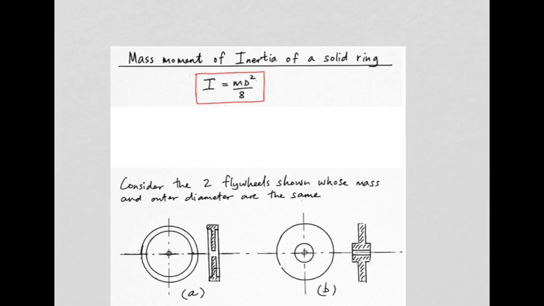Now, to illustrate how we're going to use all of this, let's consider these two flywheels, which are identical in two respects. They both have identical mass, and they both have identical outer diameter. But in the first one, you're going to see that the mass is cleverly situated far from the axis of rotation. And in the second one, not so cleverly, you have a lot of the mass close to the axis of rotation.